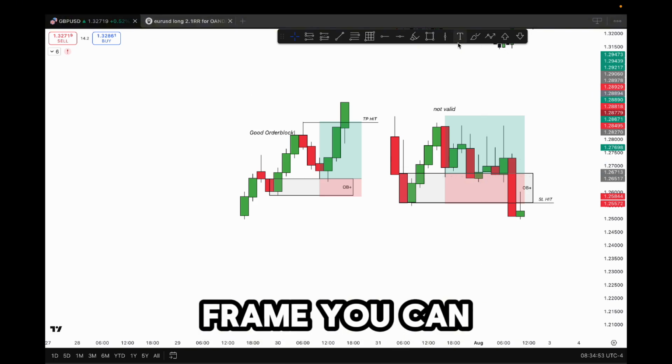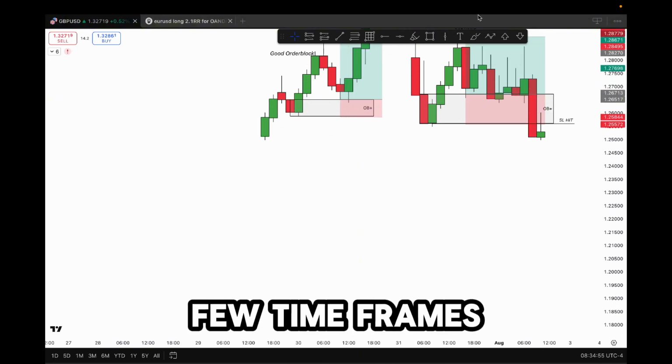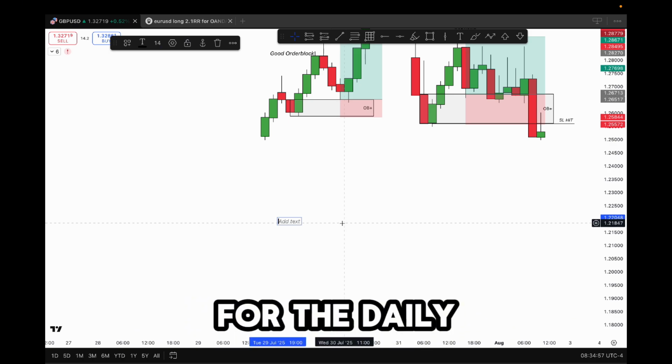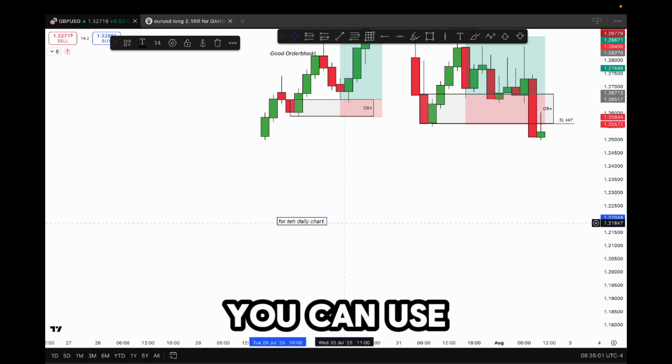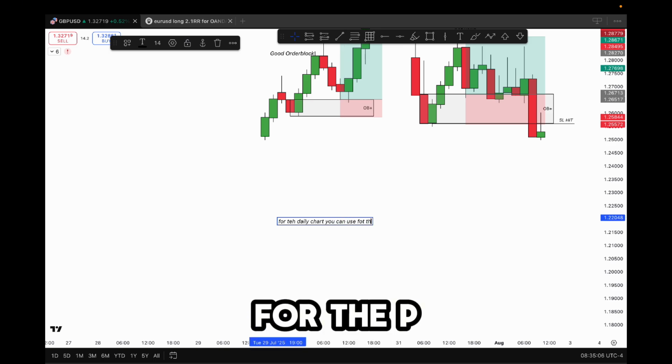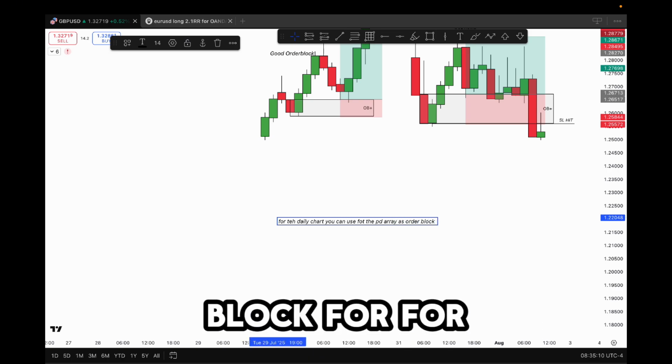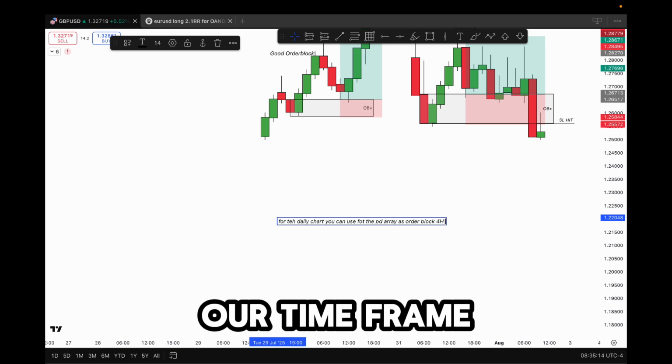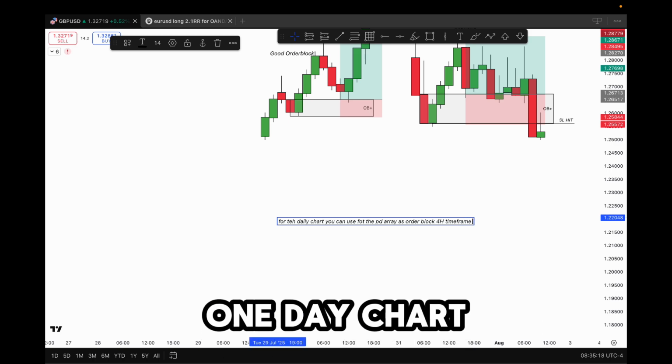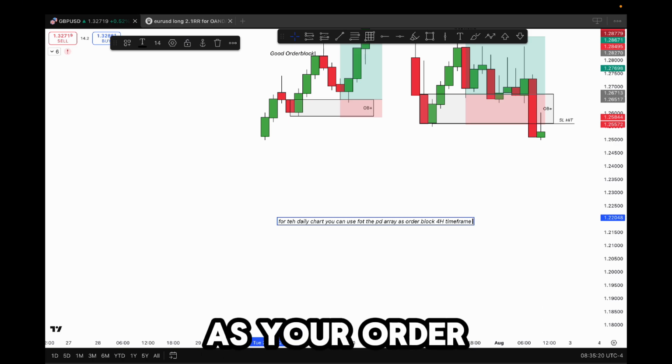And what time frame you can use order blocks on is also important. You have a few time frames. For the daily chart, you can use the 4 hour time frame for the PD array as order block. So if you're looking at the 1 day chart, you can use the 4 hour time frame for your order blocks.